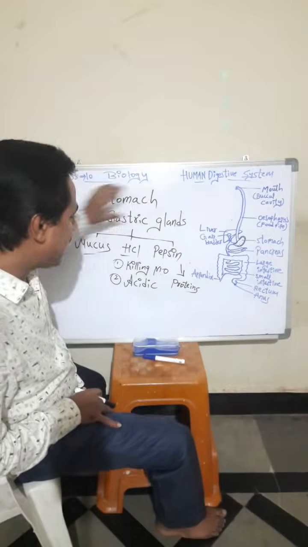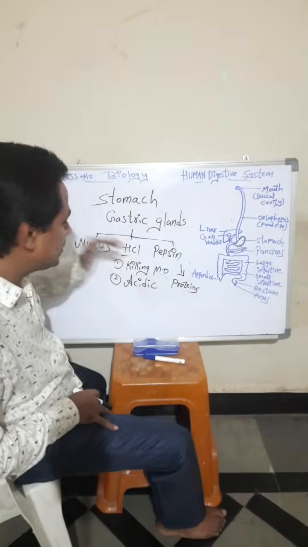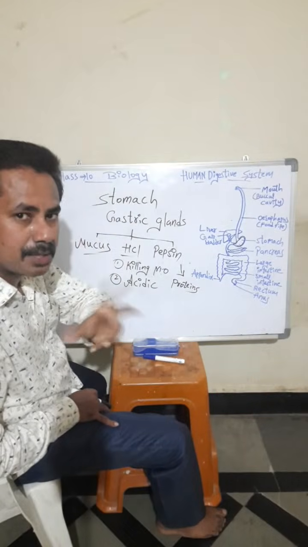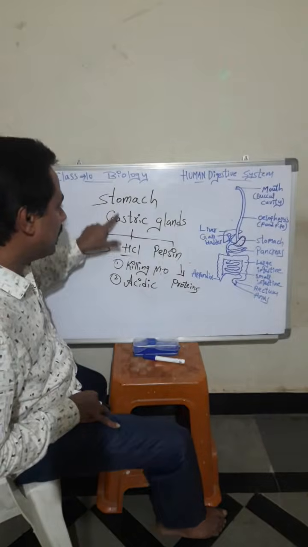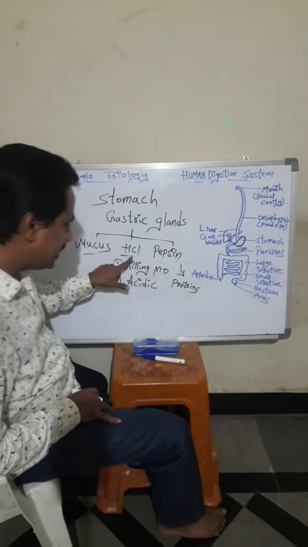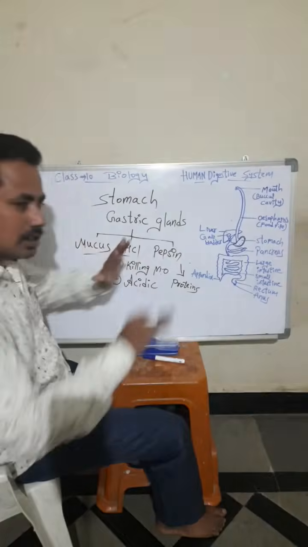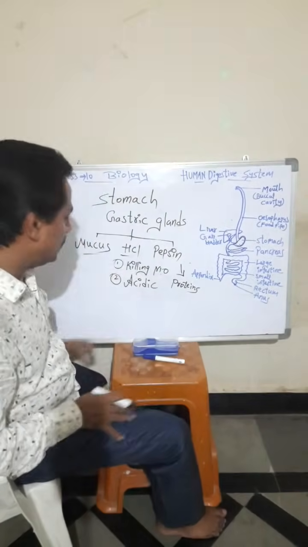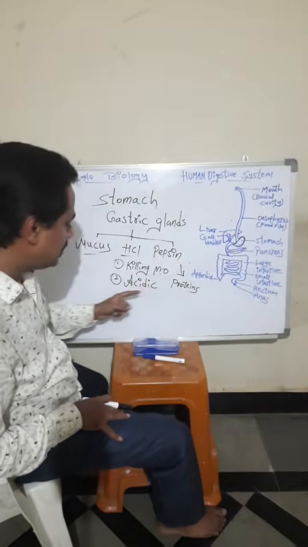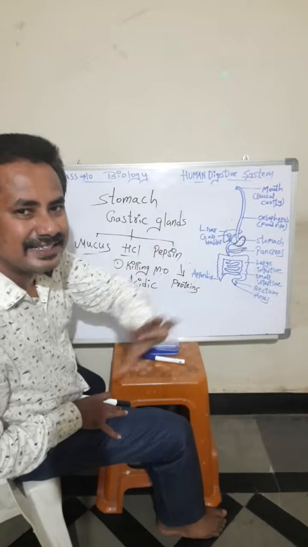Now let's revise once again. The stomach contains which glands? Gastric glands. Always remember, gastric means related to the stomach. The stomach contains gastric glands. They release mucus, HCl and pepsin. Mucus protects the inner lining of the stomach. HCl kills the microorganisms and also makes the food acidic.